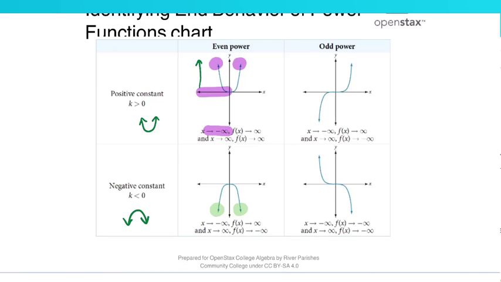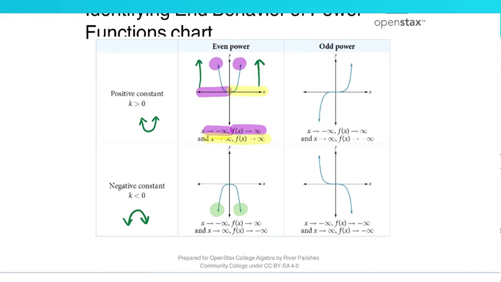Actually, the f of x is going to positive infinity. So as x goes to negative infinity, f of x goes to positive infinity. Now what happens as x goes to infinity? As x goes to infinity, it looks like the f of x is going up. So as x is going to infinity, then f of x is also going to infinity.